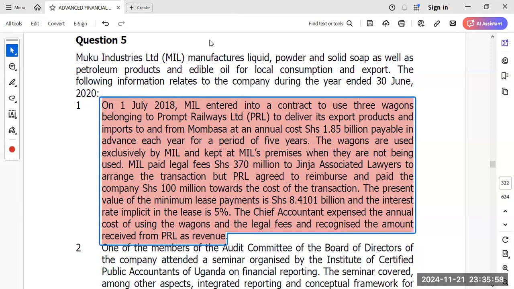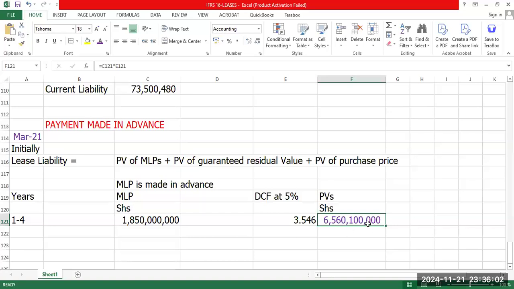Because if you get this figure and you add 1.85 billion, you get what they have. Remember, if you pay, you have no other liability. That's why we are not putting 1 to 5. The payment started from year 0, and we cannot put year 0 here. That is the minimum lease payment.